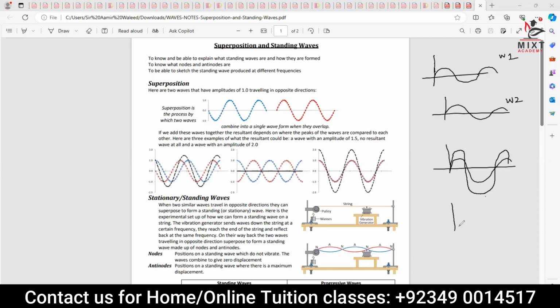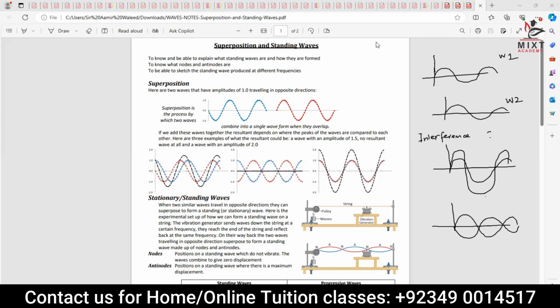The other condition is where one wave crest falls on the trough of the other wave. Now remember that when crest falls on crest, you will have an interference, and that interference will be constructive interference.